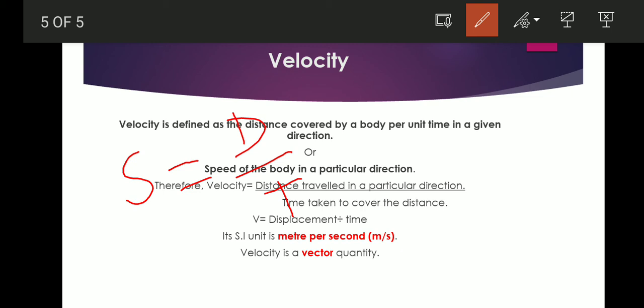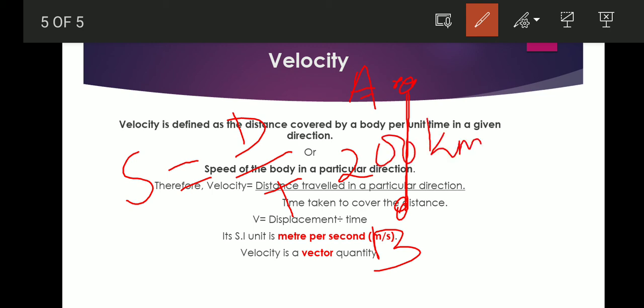Here I will give one example. Let's say this is city A, and here is another city B. In a straight line, these two cities are 200 kilometers apart, but the path that connects these two cities is, let's say, 500 kilometer.